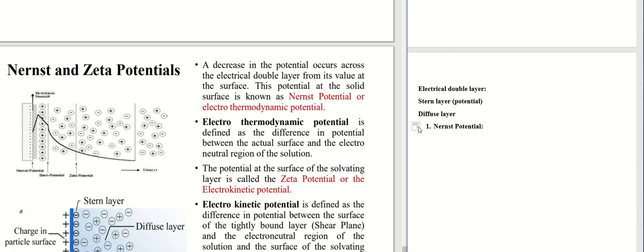Now let's see what the Nernst potential is. The Nernst potential is the potential that exists as a bridge between the surface of the particle and the immediately adsorbed negative ions. So this is the Stern layer. The immediate one here is the Nernst potential. You are able to see the Nernst potential here. It is also known as the electrokinetic potential.